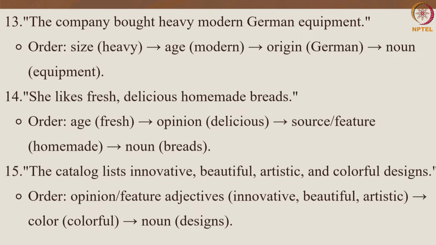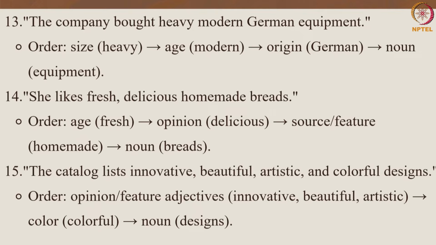Number 13. The company bought heavy modern German equipment. We follow the order as size, which is heavy, age, which is modern, origin, which is German, and noun, which is equipment. Number 14. She likes fresh, delicious homemade breads.